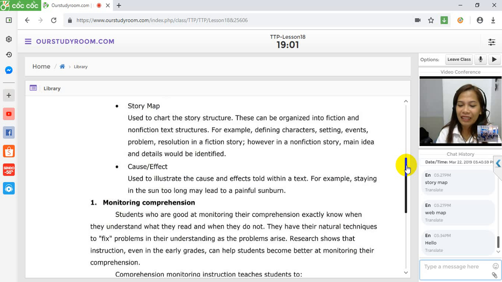In pre-reading, I can talk about what they are going to read.